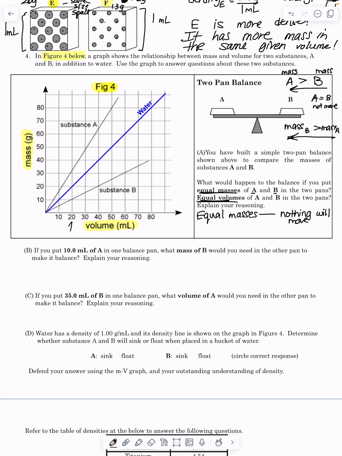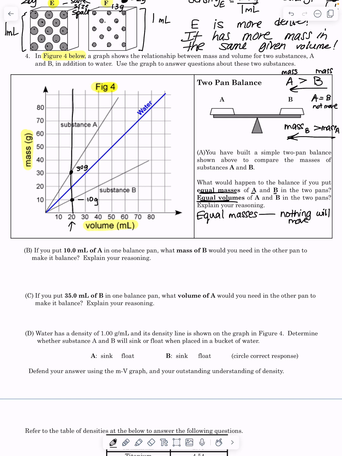Let's just do 20. We could predict and look at the graph and identify what masses substances A and B would be using its volume. We could draw a vertical line going up here. At 20 milliliters, it looks like the mass of B would be about 10 grams. But at 20 milliliters, it looks like the mass of A would be about 30 grams.